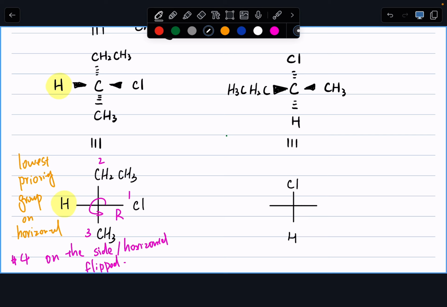On the left, we have my ethyl group, and on the right, we have my methyl group. Similarly, 1, 2, 3. And now, since my hydrogen, or number 4 priority, is on vertical, we can use our normal idea of clockwise being R, counterclockwise being S. So this one is my S.